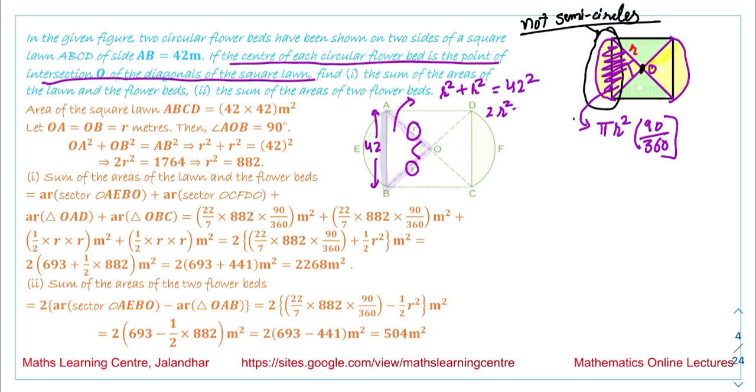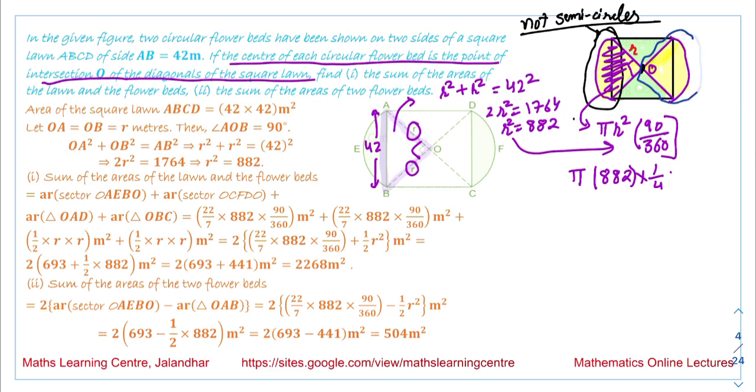So 2 times R square is equal to 1764. So R square we will get is 882. Now if we substitute this value of R square over here, the area of this sector we will get is pi into 882 into 1 by 4. This is the area of one sector.